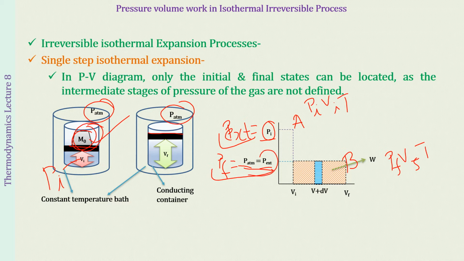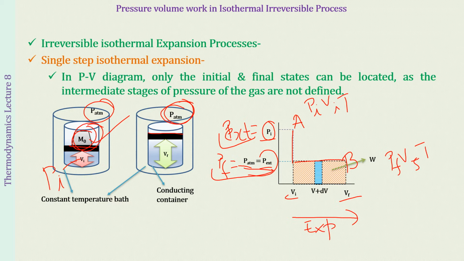It is going to be equal to P external, and for this example this is P atmosphere. So this is the sudden drop in pressure that has happened, and after the drop has happened, the change in volume is going to be so sudden that the volume is going to increase from Vi to Vf. So this is a smaller volume, this is a larger volume, because along the x-axis the volume is increasing. So this is an expansion that is taking place.